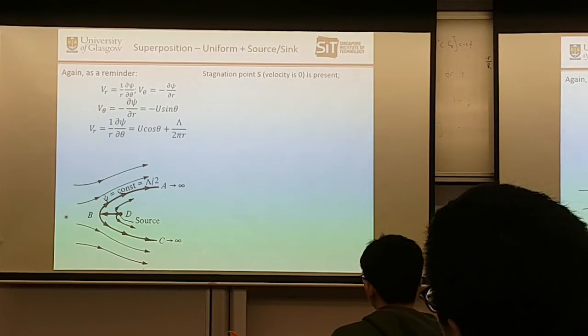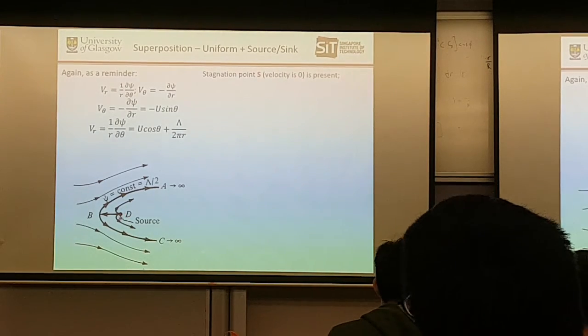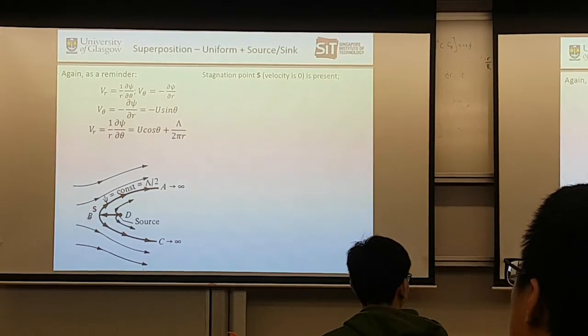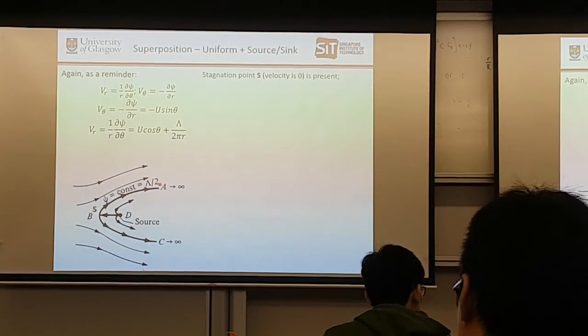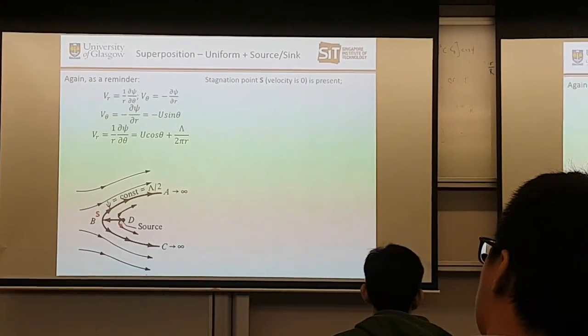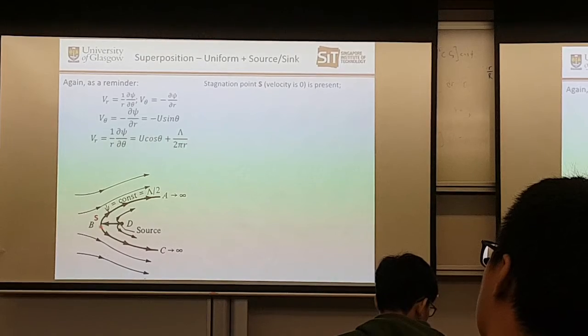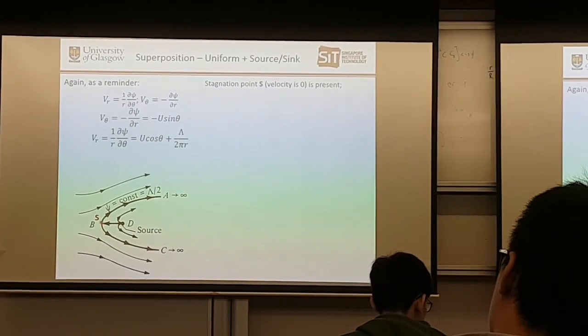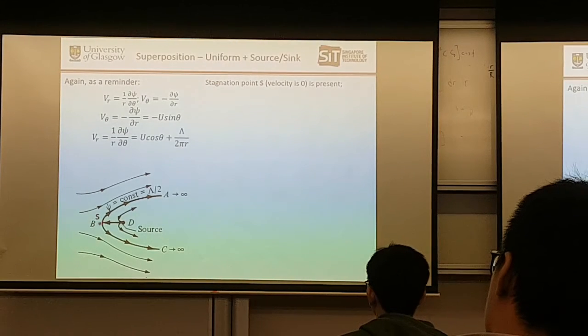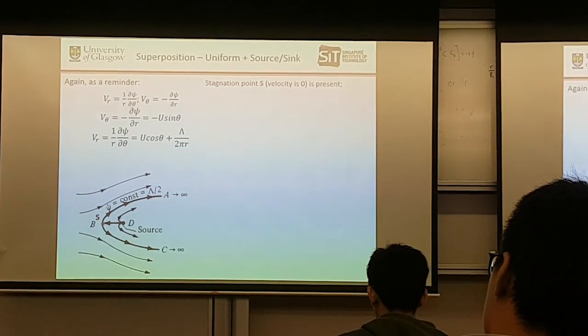So in this case, as my flow comes very near to the source, at point B here, we can assume that there's a stagnation point before the flow starts to deviate upwards away from the source. So that's why I say this is just like a flow over a bluff body. At the leading edge here, at the front point of the source, there will be a stagnation point.